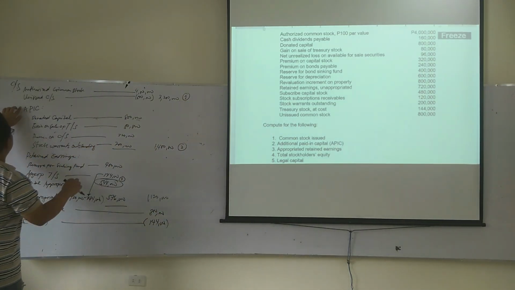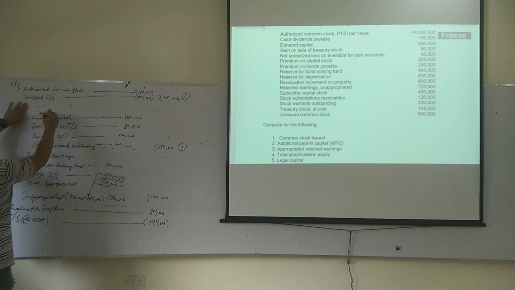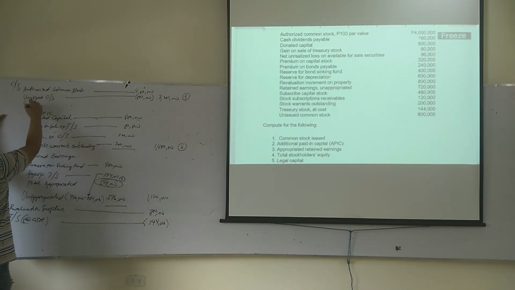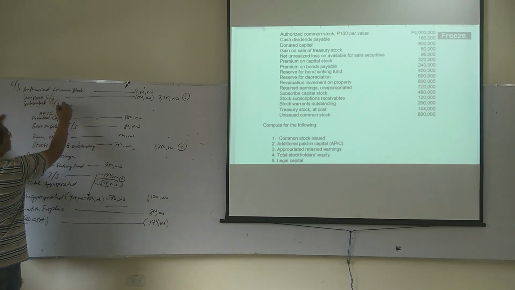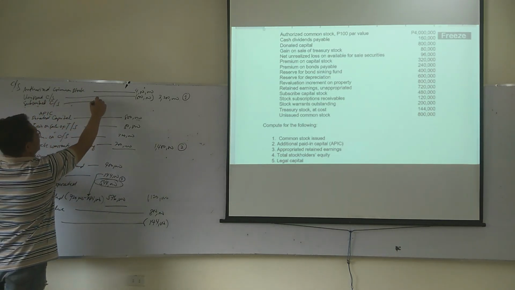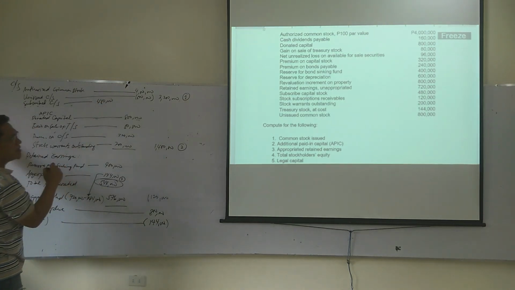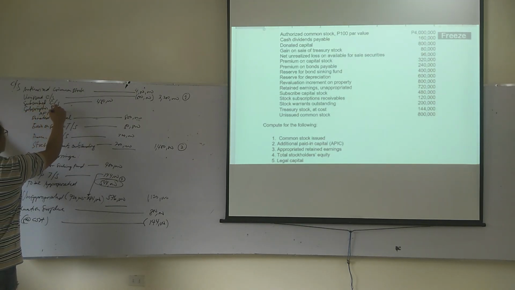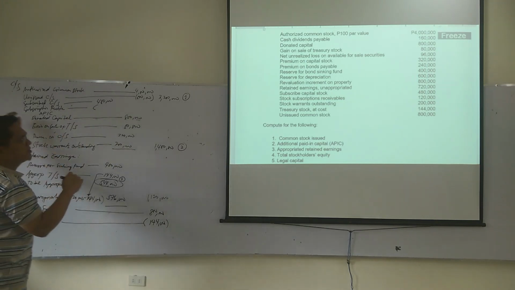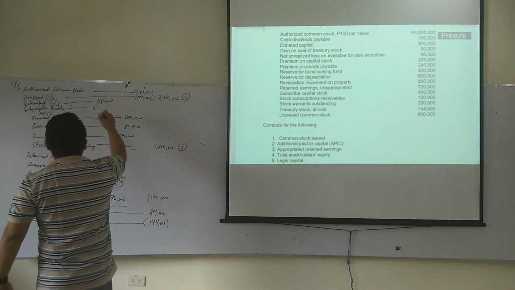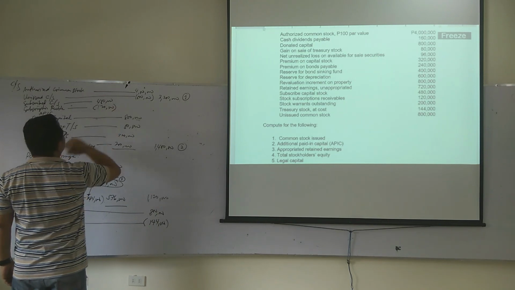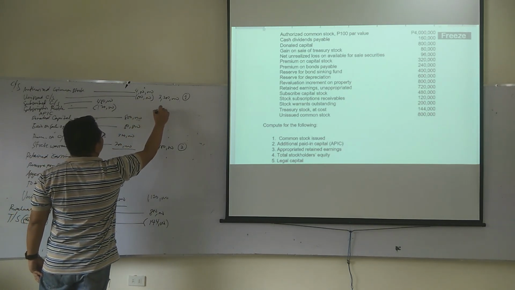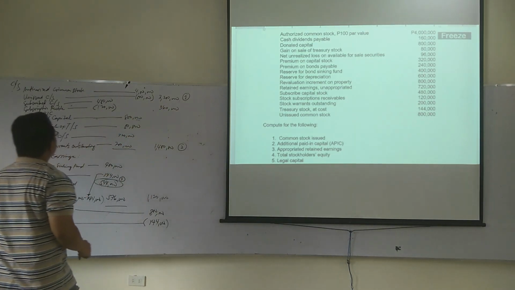Subscribed capital stock of 480,000. Then subscription receivable of 120,000. So that's 360,000.